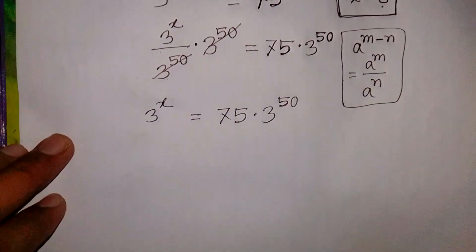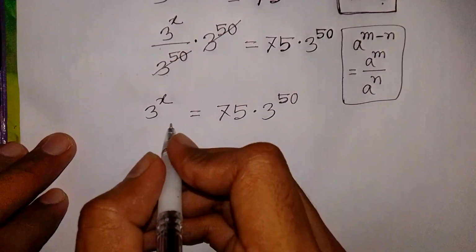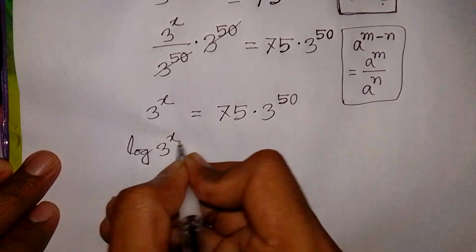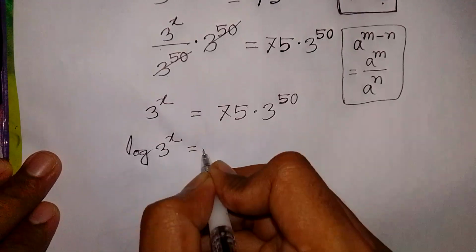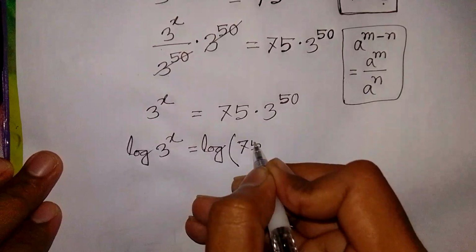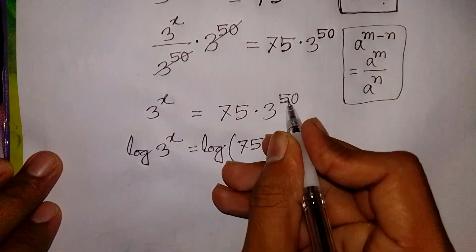Now we have to apply log on both sides. So we can write here log of 3 power x is equal to log of 75 times 3 power 50.